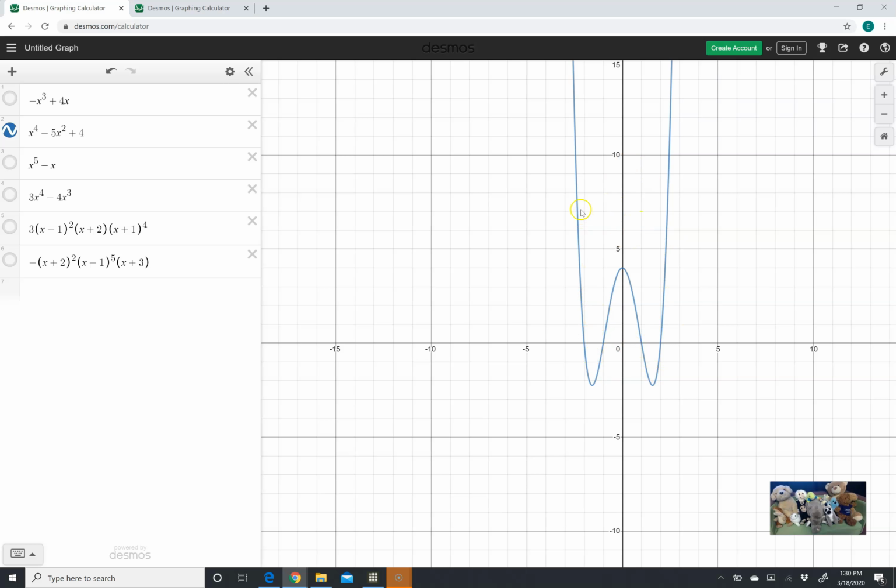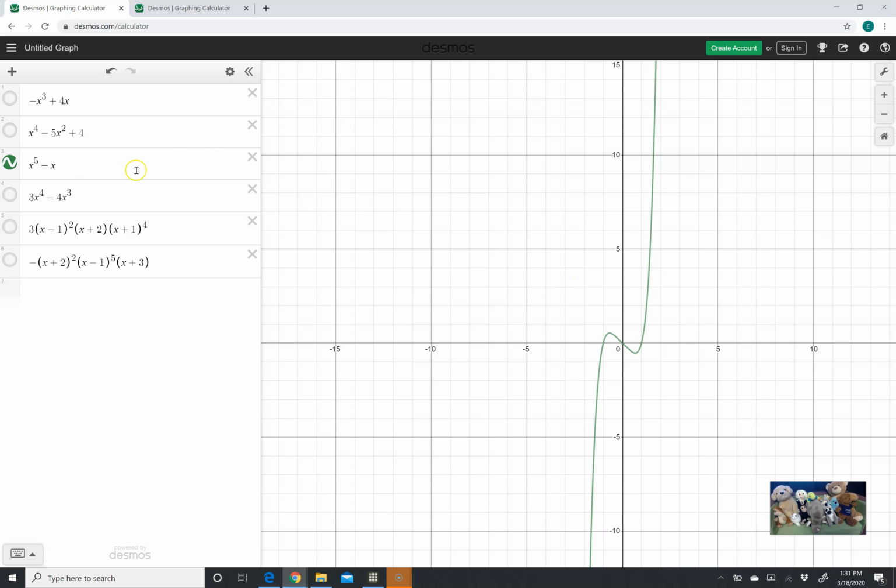On the ends, both sides are rising. So if we're standing right here in the center of the graph, when we look to the left, our y values are going up. And when we look to the right, our y values are also going up. And finally, if we look at one more, don't worry about these bottom graphs, we'll get to them at another time.